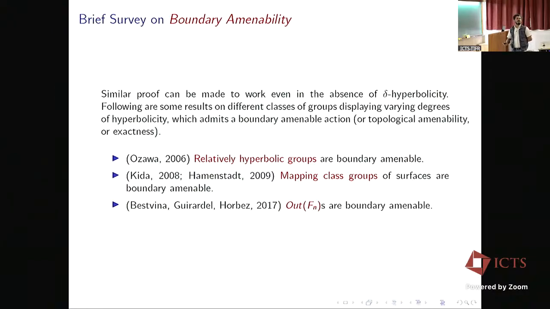This is called boundary amenability because in most of these cases, we are getting the topological amenable action on the boundary. And Ozawa proved that relatively hyperbolic groups, which are generalizations of hyperbolic groups, are boundary amenable. These groups are not hyperbolic themselves, but they are hyperbolic modulo some subgroups.